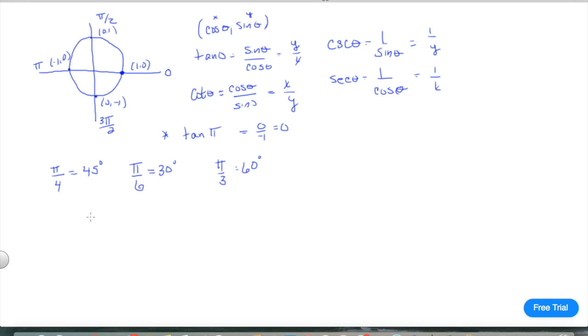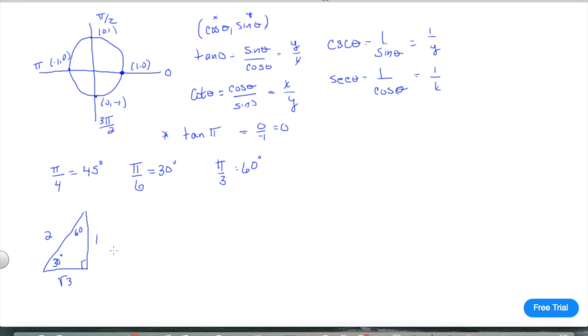So then it's helpful to keep in mind the special triangles that we've talked about for exact values of trig functions of those 3 special angles. So your 30-60-90 triangle and the ratio of the sides, which is 1, 2, square root 3.